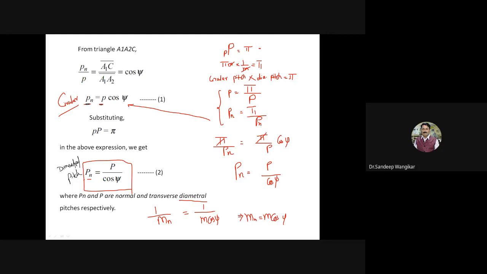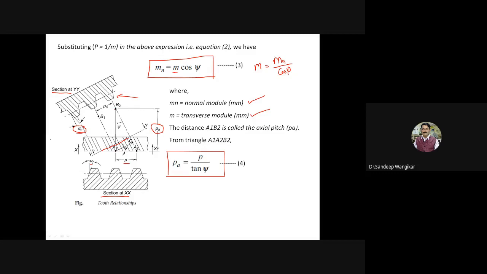If I substitute the value, diametral pitch is equal to 1 upon m, so Pn is equal to 1 upon mn, and P is equal to 1 upon m. So it gets converted to the module relation: mn is equal to m cos psi, or m is equal to mn by cos psi. So here we are using the normal module relation between m and mn. Then further, axial pitch Pa is equal to P divided by tan of psi, where P stands for the circular pitch and Pa stands for the axial pitch.